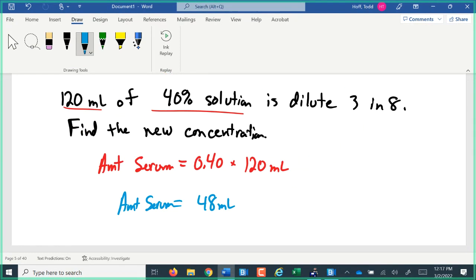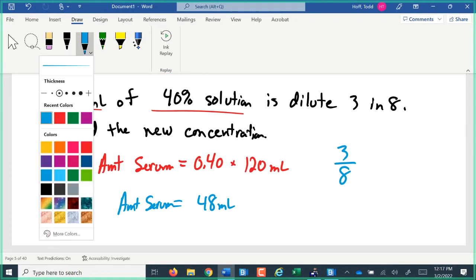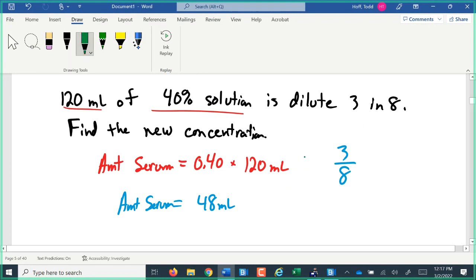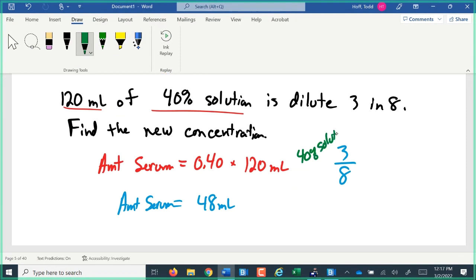So we go into a 3 in 8 dilution. That 3 in 8 dilution, the 3 represents the amount of 40% solution. 8 is going to be the total amount after we've diluted it.